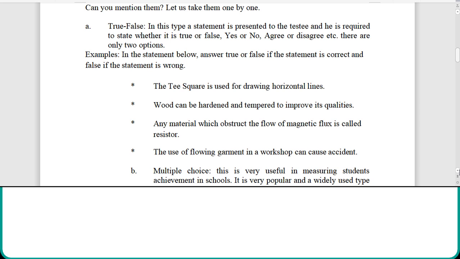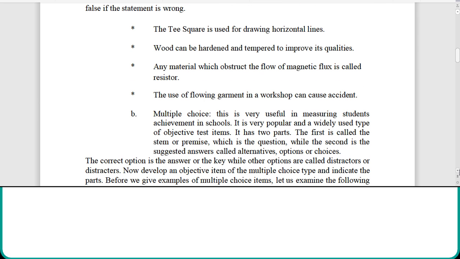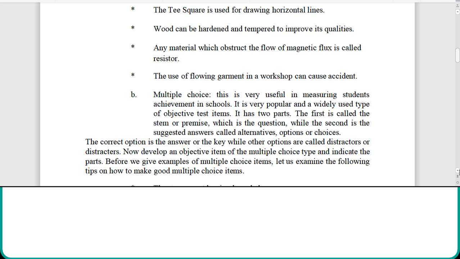There are only two options. Examples. In the statements below, answer true if the statement is correct and false if the statement is wrong. The T-square is used for drawing horizontal lines. Could be true or false. Wood can be hardened and tempered to improve its qualities.